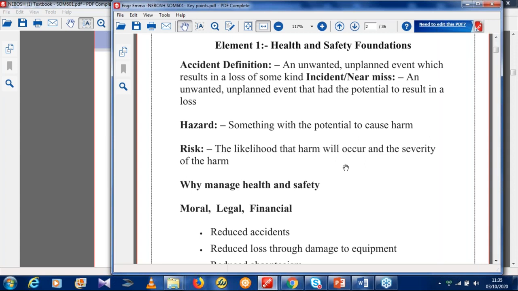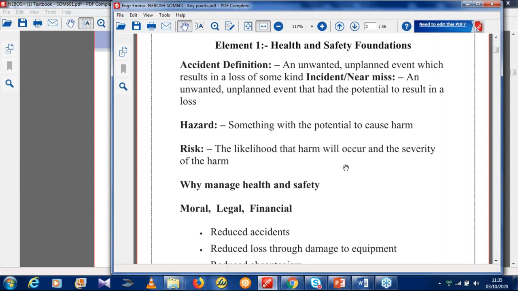In a very straight form, hazard is an existing risk. That's what we just mean in summary. Hazard is an existing risk. What do I mean? Look at a practical example.